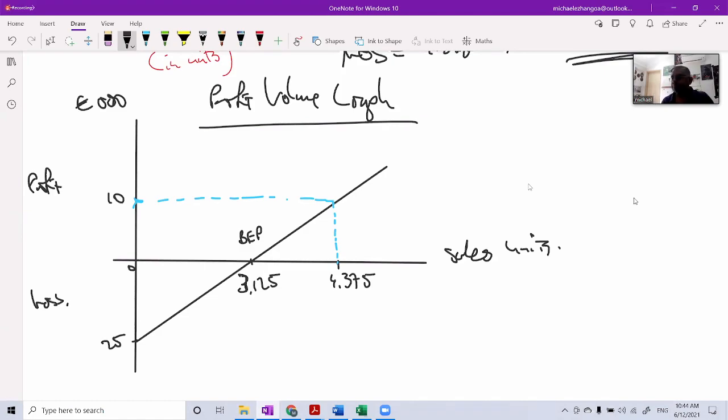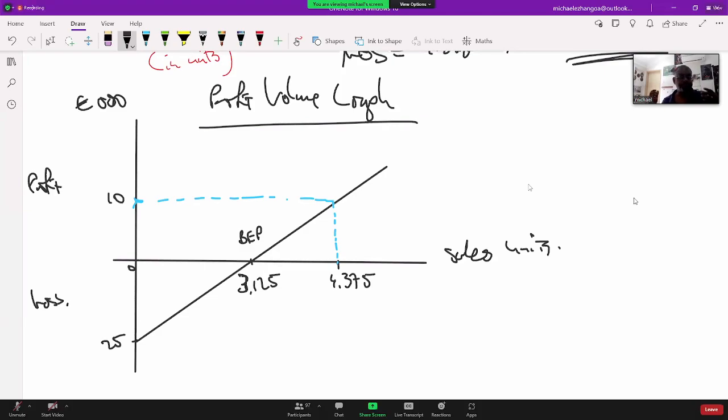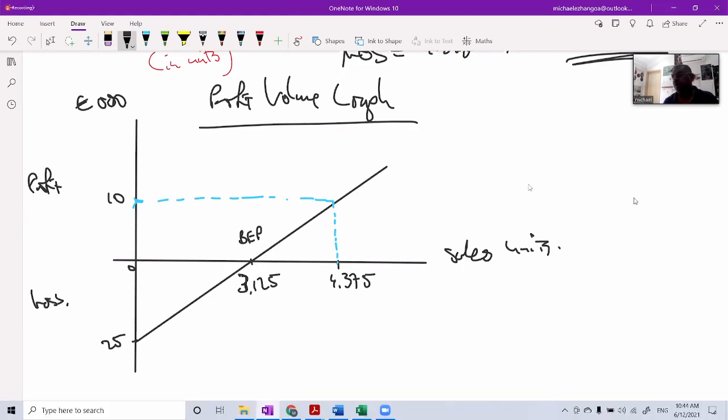Will this be tested in the exam? I don't know. I'm of the opinion that if your exam is in an exam hall, you might be asked to do a break-even graph, because they'll give you graph paper and you can draw it. But if your exam is computer-based, an online exam, I'm not sure this will be tested, because it'd be difficult to draw a graph on a computer.